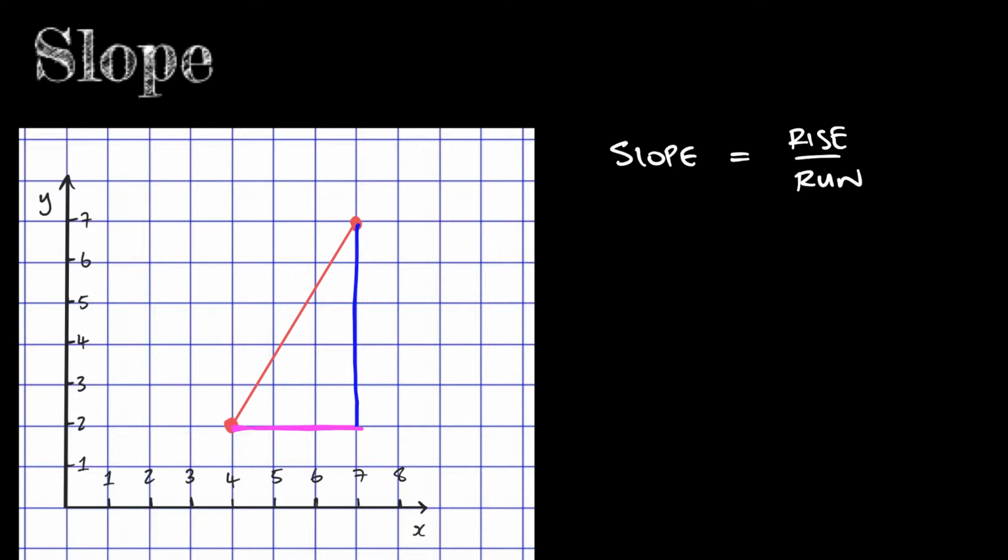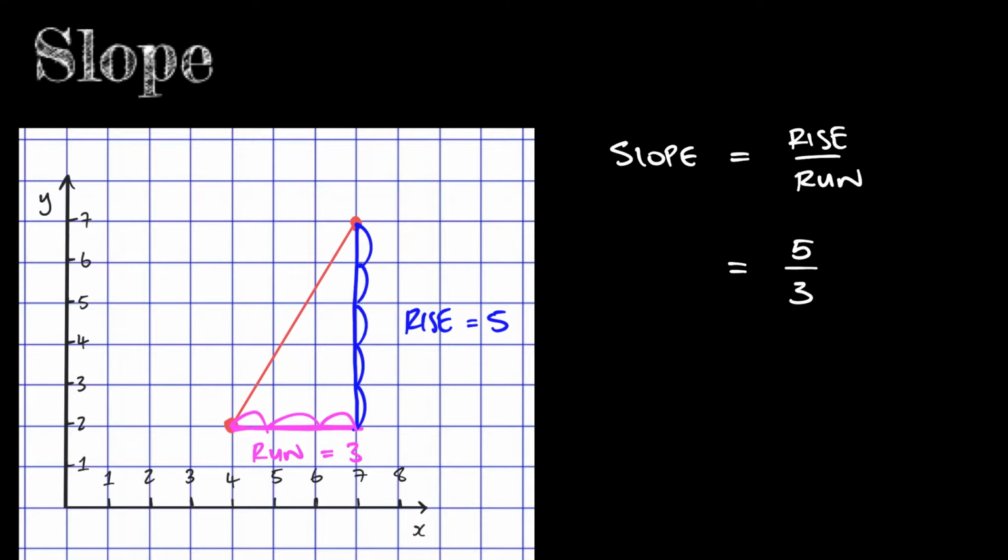I can see here it's rising by 1, 2, 3, 4, and 5. So the rise in this case will be equal to 5, and the run in this case will be equal to 3. So if I want the slope of this line, I put the rise, which in this case is 5, all over the run, which in this case is 3.